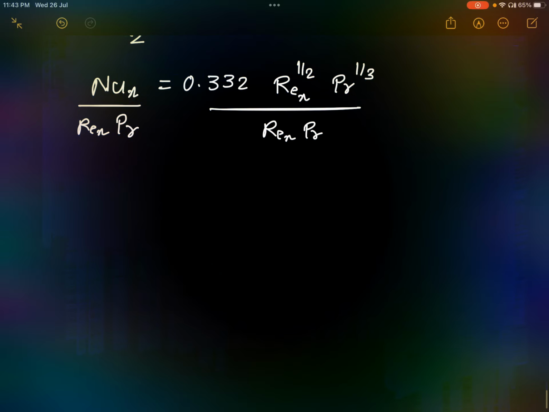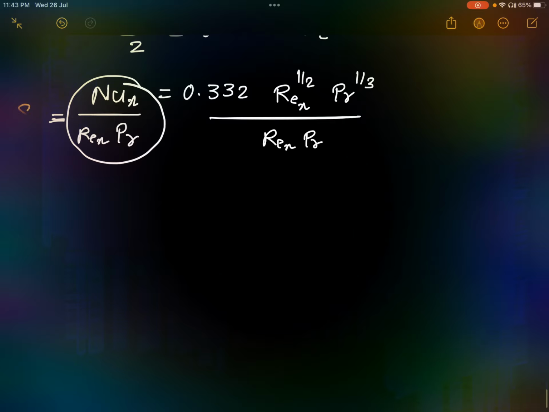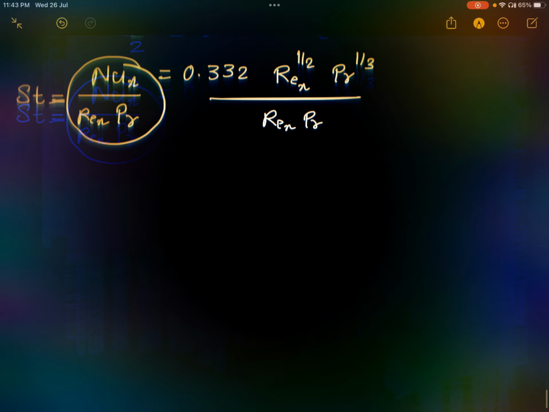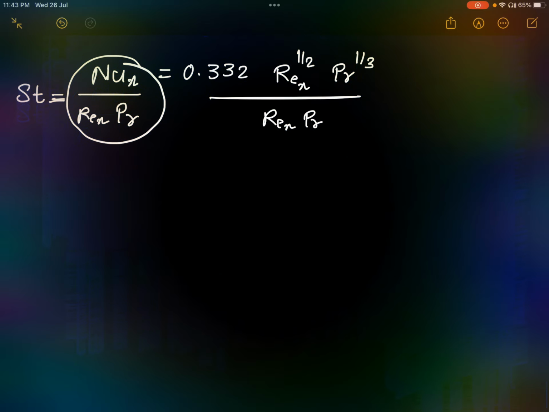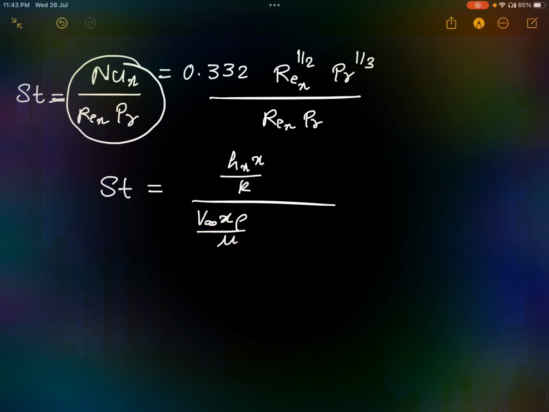Now this term, Nusselt number divided by Reynolds number into Prandtl number, is called the Stanton number. This is a new number defined. If we write down all the terms, Stanton number is equal to Nusselt number, which is written as Hx divided by k, over Reynolds number, which is V infinity x rho by mu, into Prandtl number, which is mu Cp upon k.